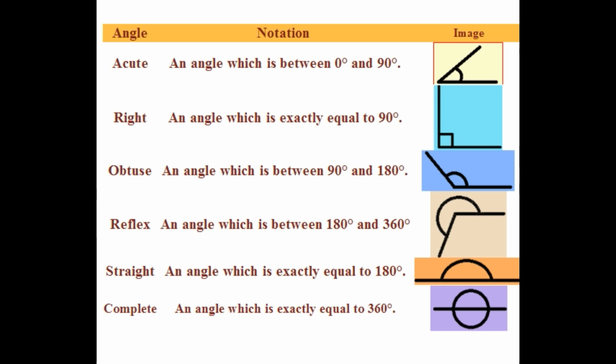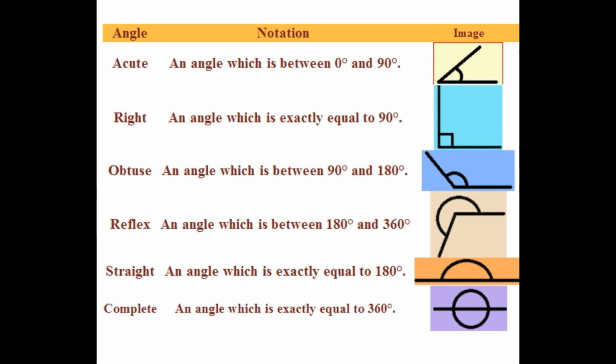Okay, see the types of angles. What are the types of angles you have? This also you have studied in lower class. Just to recall, the first one is the acute angle, you see in the tabular column.